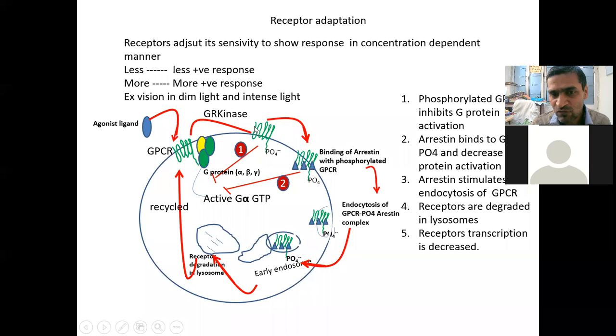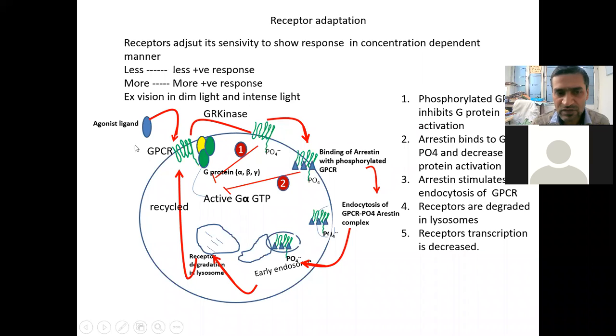The kinase phosphorylates these ligand bound receptors. Once the receptor is phosphorylated, it binds to another molecule called arrestin. So there is binding of arrestin with the phosphorylated GPCR.